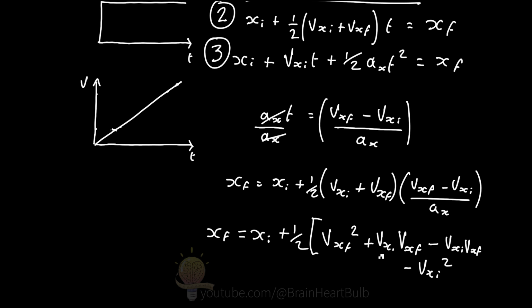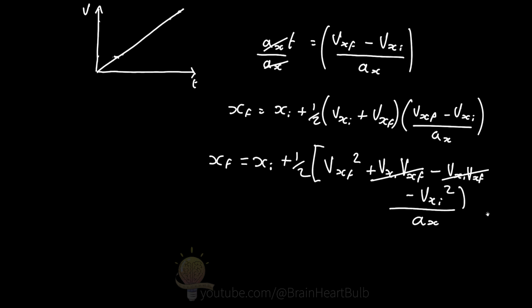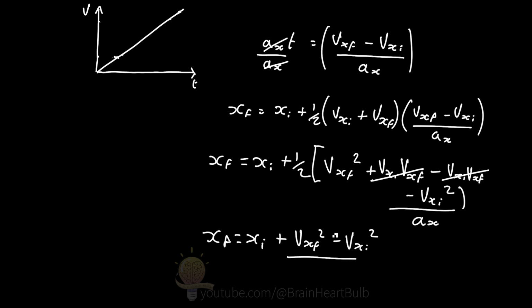These terms cancel. Resulting in the final position, which is equal to the initial position, plus the final velocity squared minus the initial velocity squared over 2 times the acceleration.